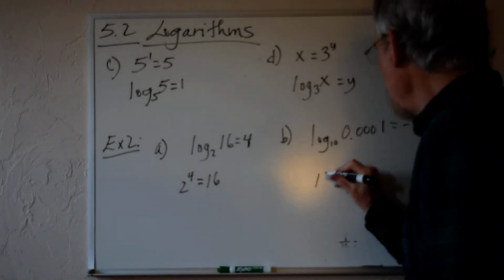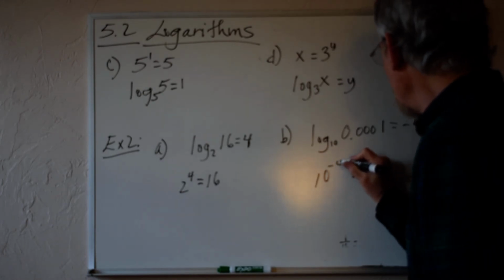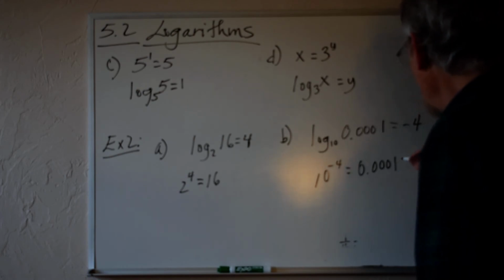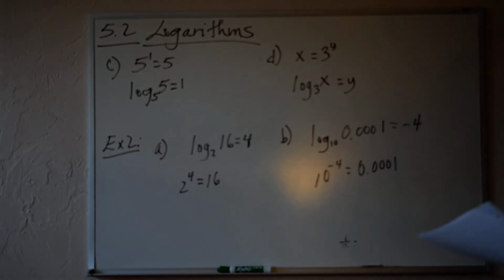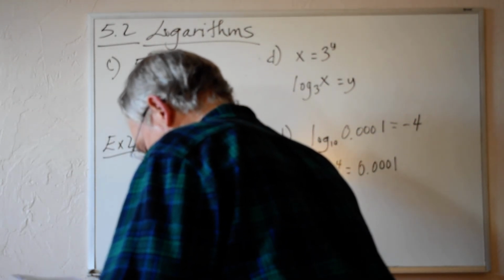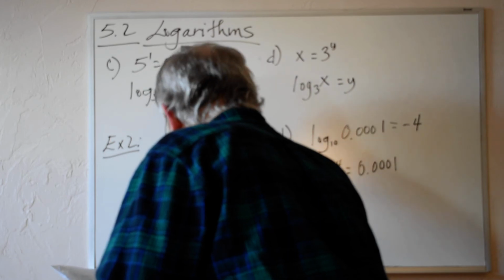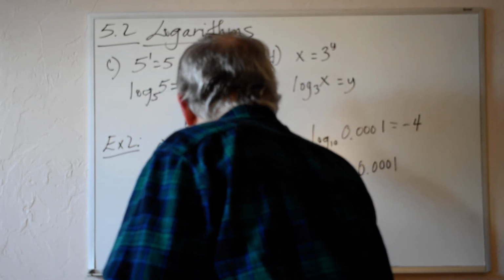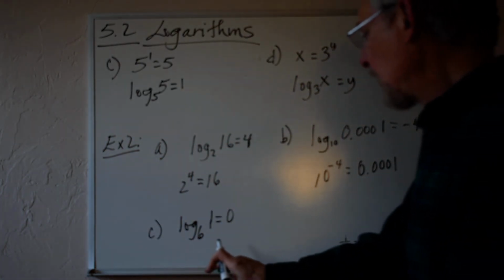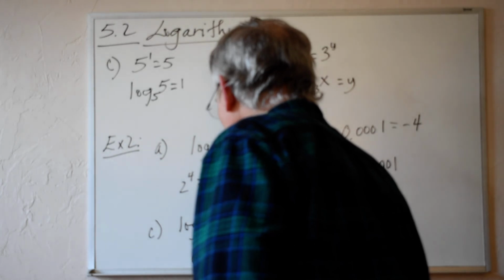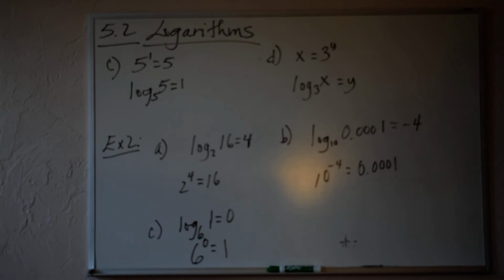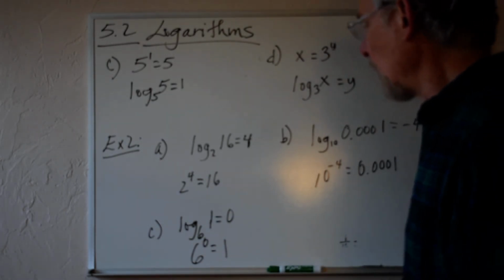What that says is that the base 10 taken to the power negative 4 gives you 0.0001. And in part C, log base 6 of 1 equals 0. What that's telling you is that 6 to the power 0 equals 1. And we know that's true for any non-zero number, including 6.